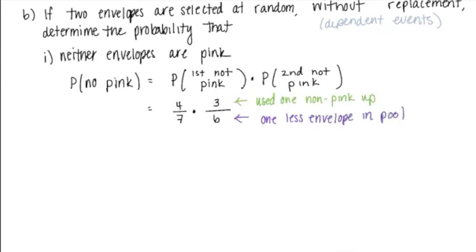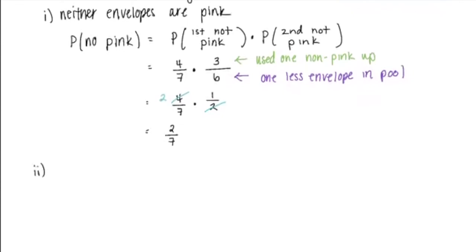So ultimately, you can just multiply across. If it says to simplify, though, 3 over 6 is really half. And then you can go ahead and condense this. 2 goes into 4 2 times. So you have a 2 in 7 chance of drawing 2 non-pink envelopes.